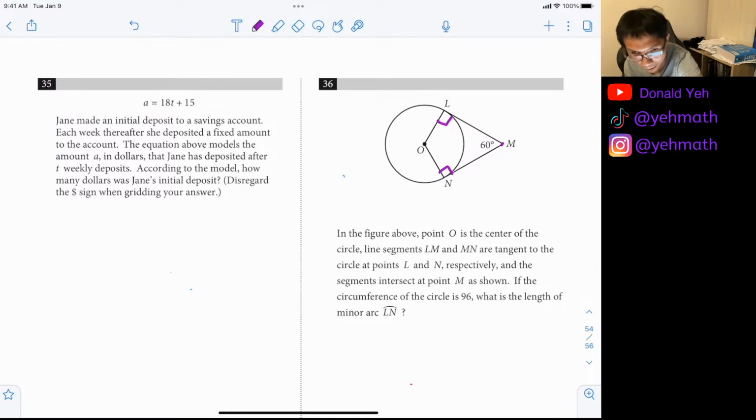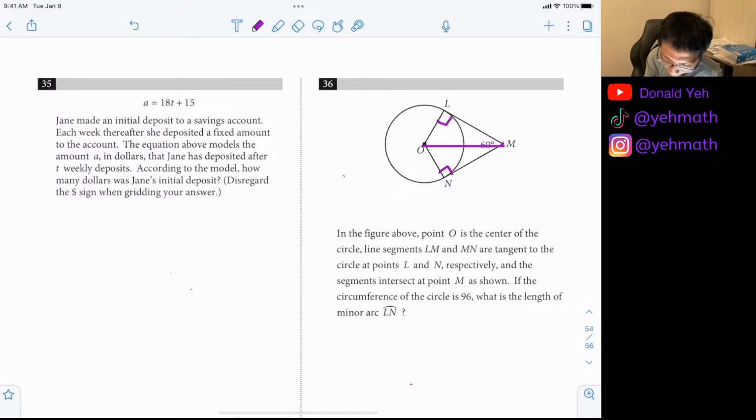For example, I have a Gatorade bottle right here, and this is a tangent line, touching at a point. So this one is going to be an angle bisector, so that's going to be 30. So 30, 60, 90. So the way I did it is this way, but the way he did it is fine too. So that means this is a 120.